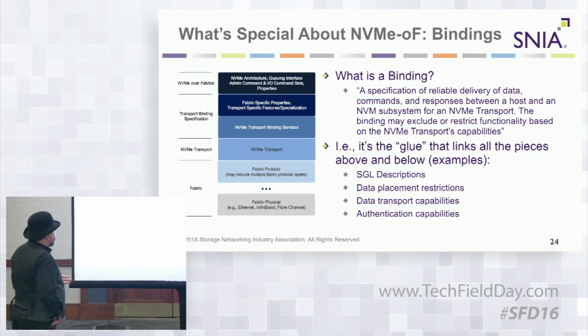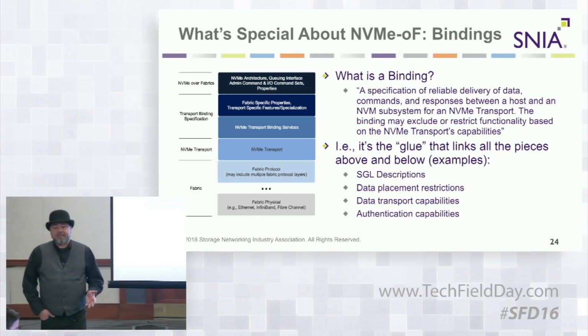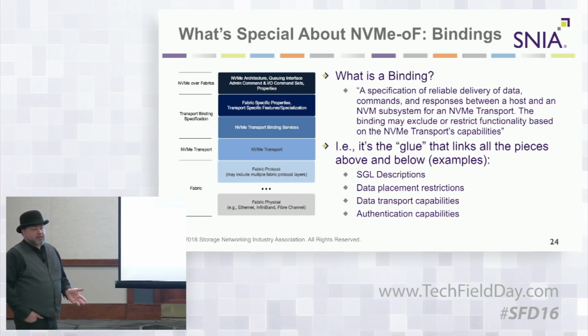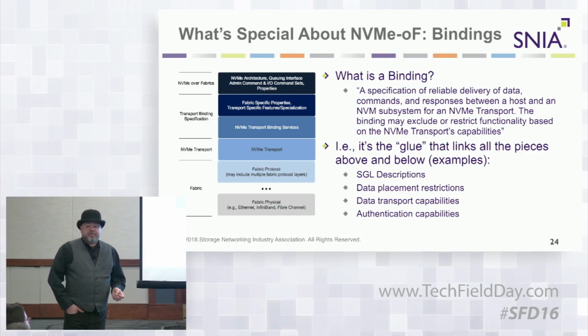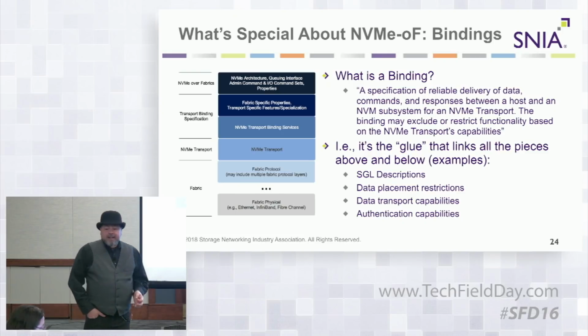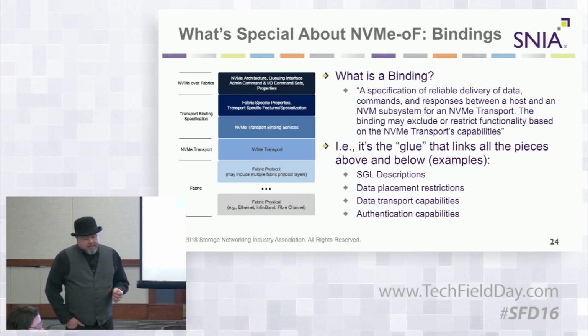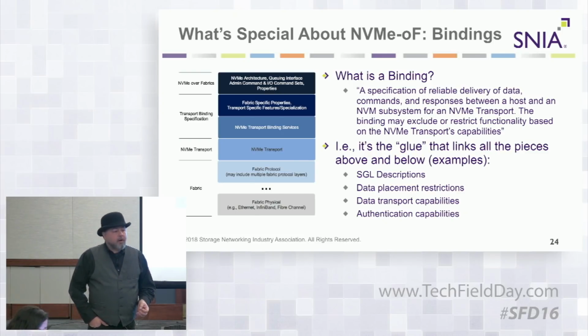Now, what do the bindings do? Bindings basically define the relationships that exist between the host and the corresponding storage targets. It identifies how the SGL descriptions are supposed to be configured. It identifies where data can be placed. It identifies what security requirements are going to be placed, and what types.